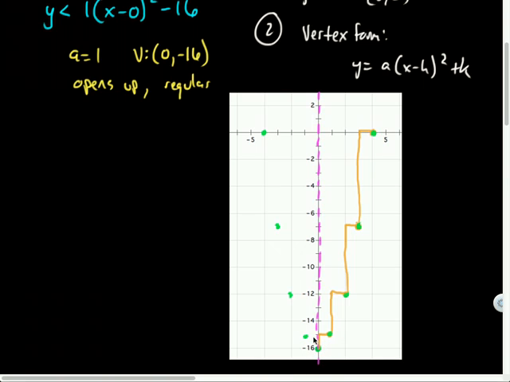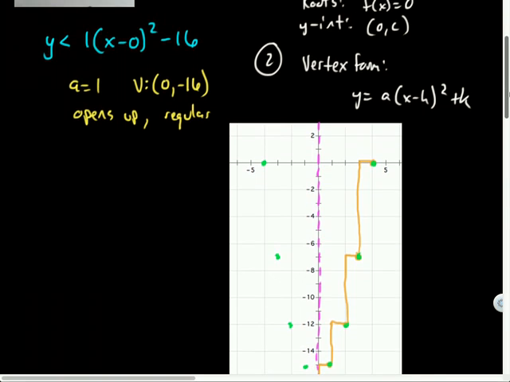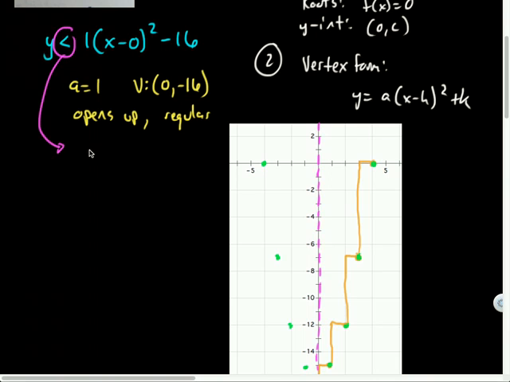Before I start graphing, question. This says y is less than that parabola. So that tells me two things. One, it's dotted. And it's shaded below or under, because the points less than would be under.